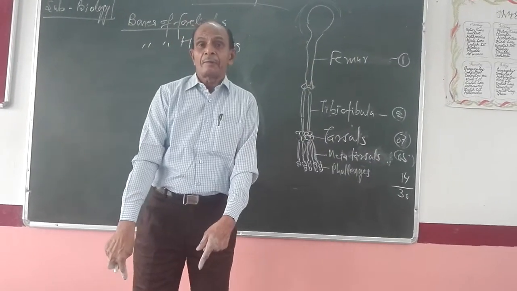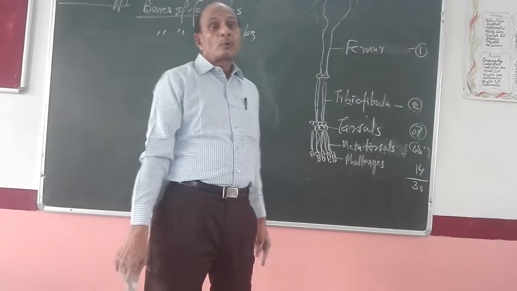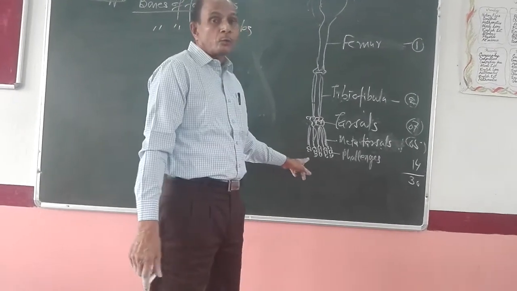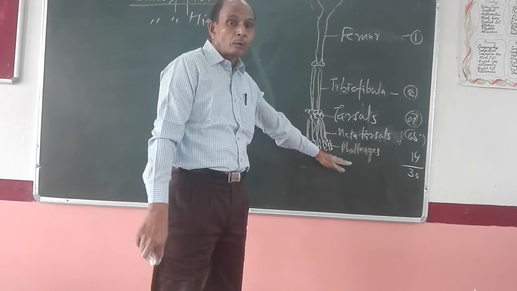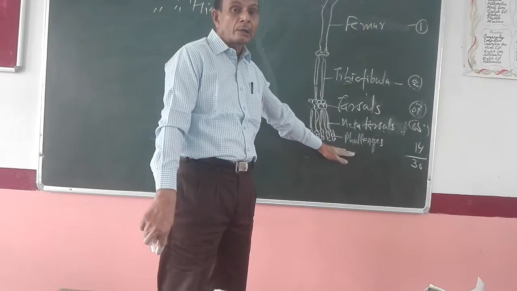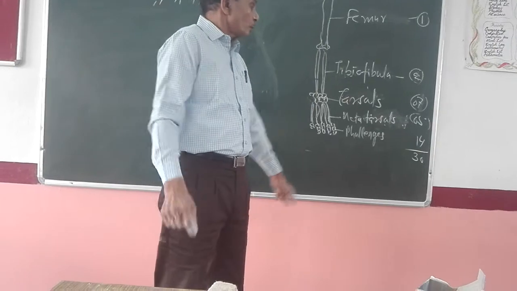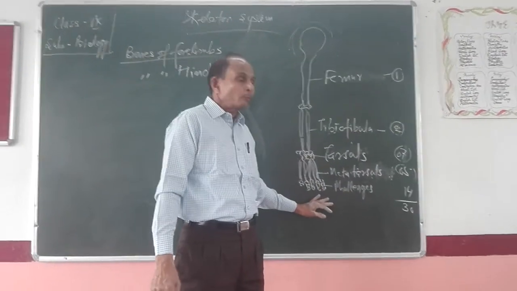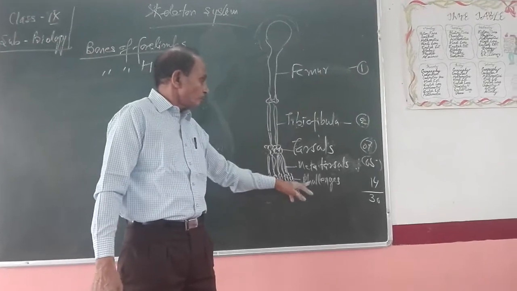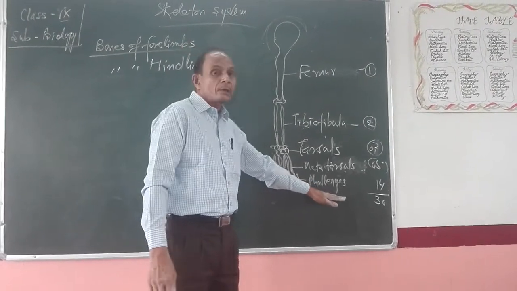In the fingers of the hind limbs, the thumb of your hind limb will contain 2 smaller bones, but the 4 fingers will contain a total of 12 bones. So 12 plus 2 is 14, and these are known as phalanges.